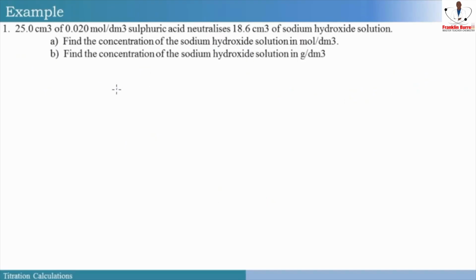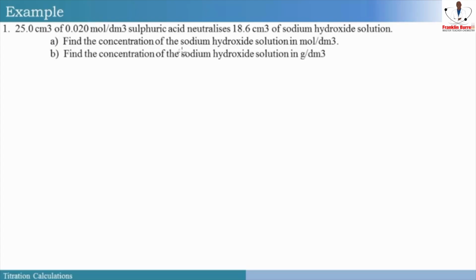Now, here is a very good titration question. Now, it's saying that 25 cm cube of 0.02 moles per dm cube sulfuric acid neutralizes 18.6 cm cube of sodium hydroxide solution.